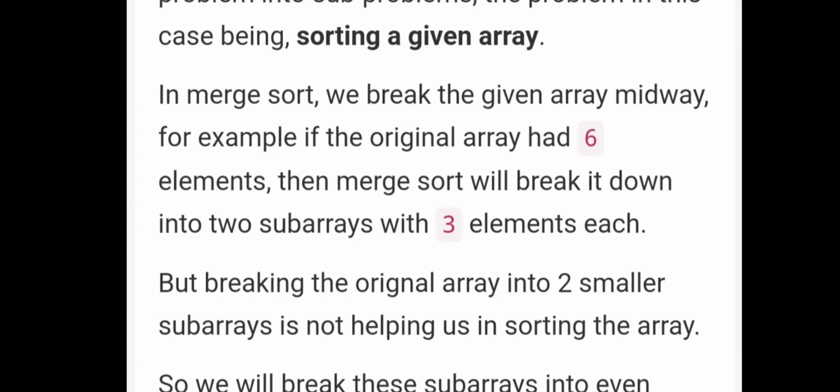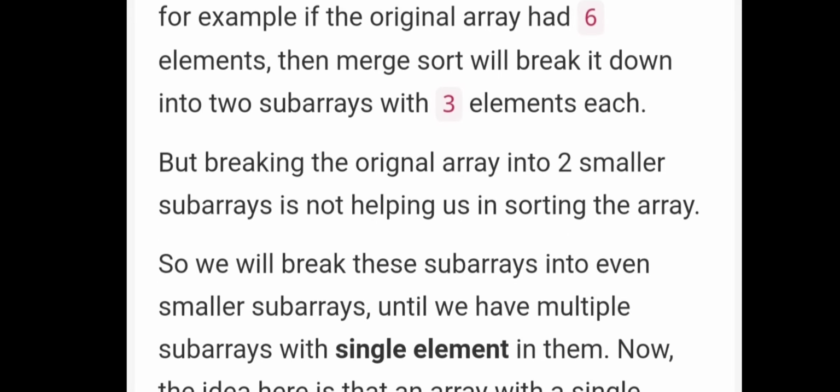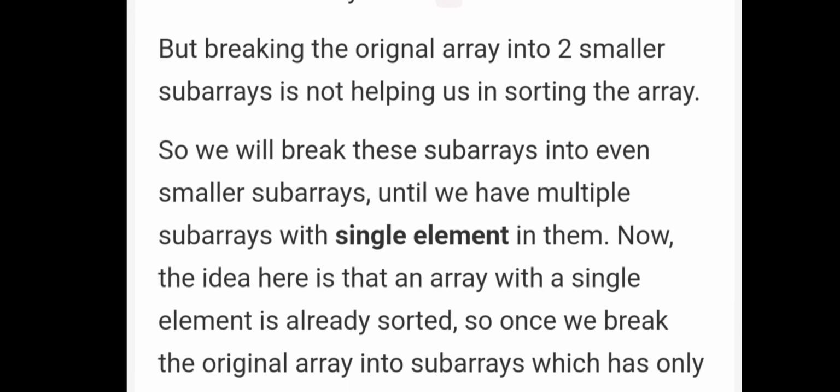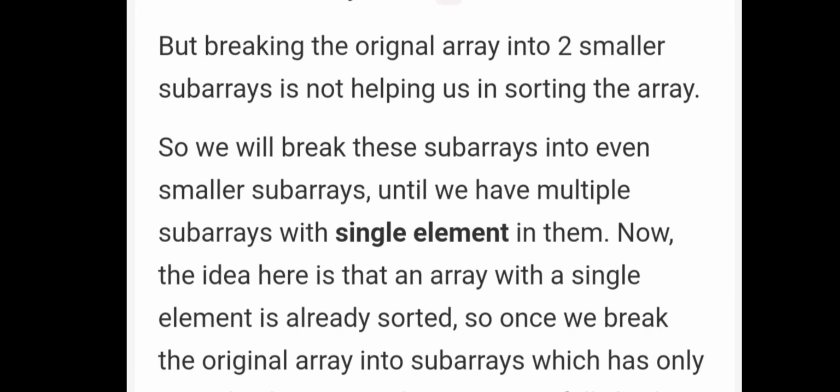For example, if the original array had 6 elements, then merge sort will break it down into 2 sub arrays with 3 elements each. But breaking the original array into 2 smaller sub arrays is not helping us in sorting the array. So we will break these sub arrays into even smaller sub arrays until we have multiple sub arrays with a single element in them.